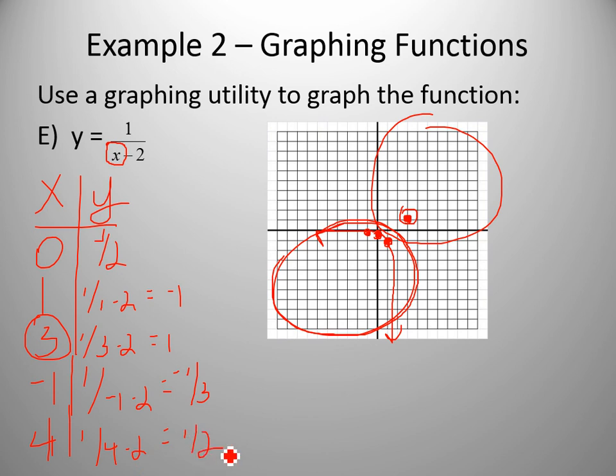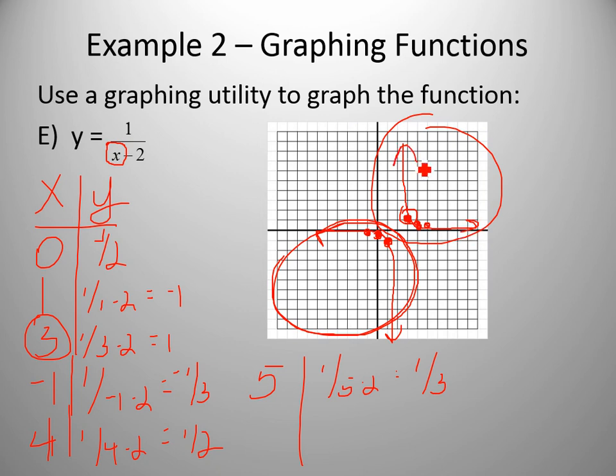So I got 4, positive 1/2, that's going to be right about here. And then if I put a 5 in for x, this is going to be 1 over 5 minus 2, which would be positive 1/3. And that's going to be even closer to the x-axis there. So when I do that, I'm going to get something that kind of looks like that there.